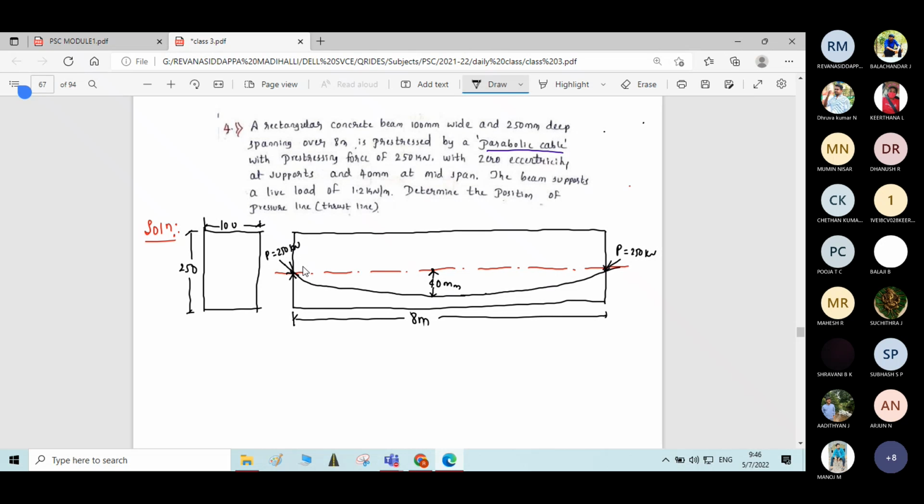So P is equal to 250 kilonewton, nothing but 250 into 10 power 3 Newton.